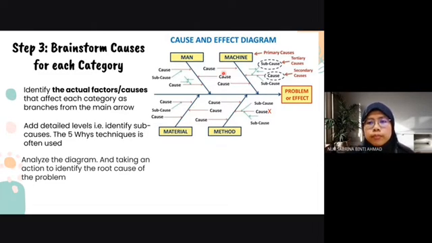As you can see here, we can write the causes horizontally on the fishbone where they belong, as they branch from the main arrow. If the causes are related to various categories, you can write them in several places. In this brainstorming session, there are going to be a lot of ideas coming out, and one thing you don't want to do is let the fishbone get too out of control.